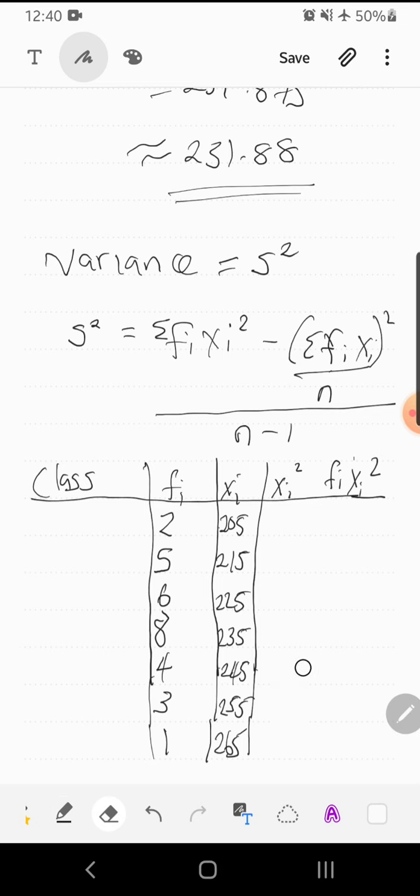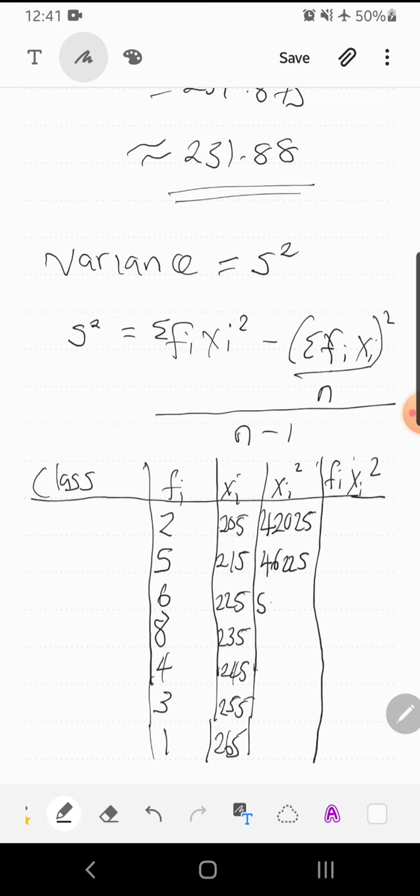When we square the midpoints, the first one is 205 squared. We're going to have 42025. Then 215 squared, we're going to have 46225.